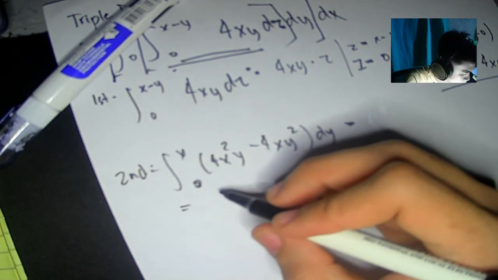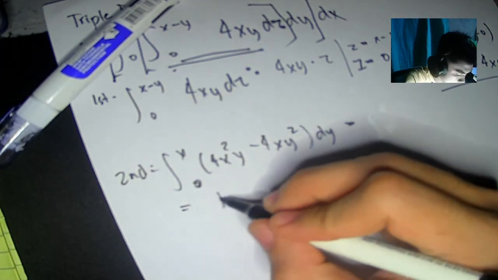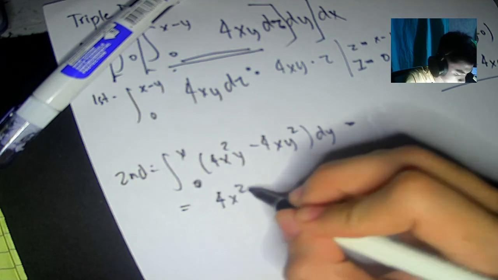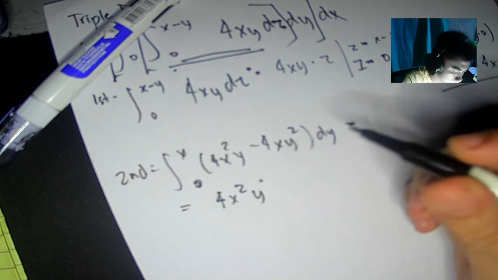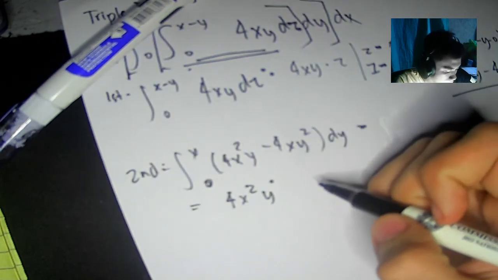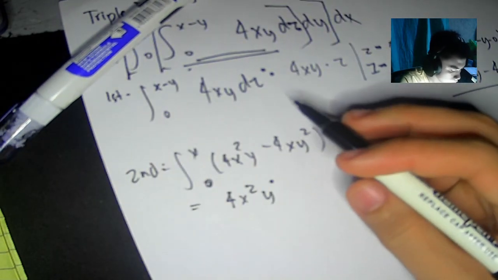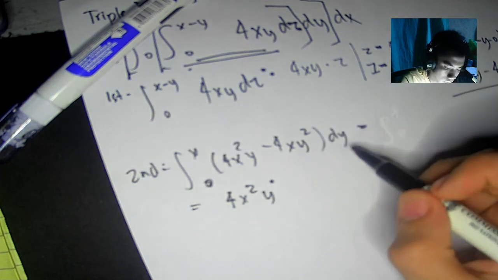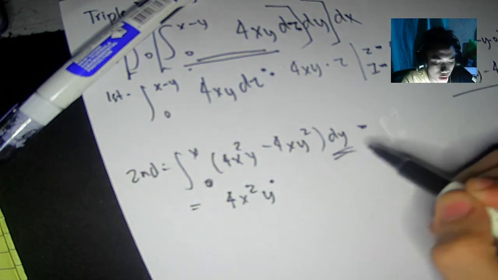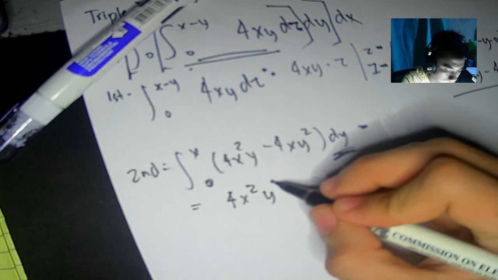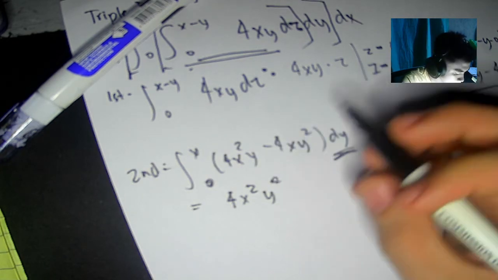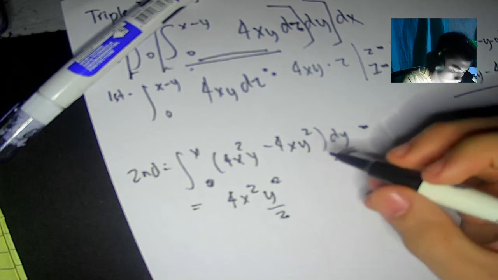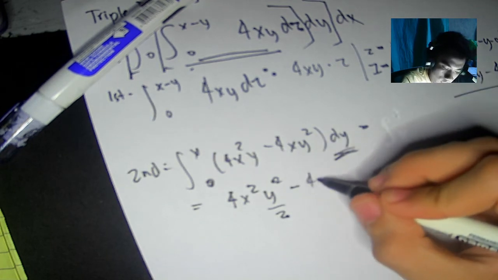So we have 4x squared y. We integrate first our y and then our x. I mean, we are dealing with dy here. So let's integrate our y. So y will have 2. Basic integration, and minus 4x.